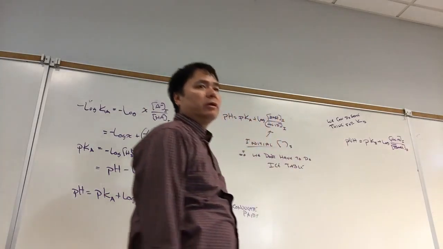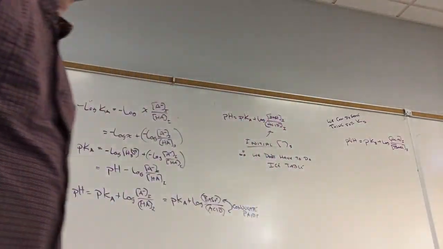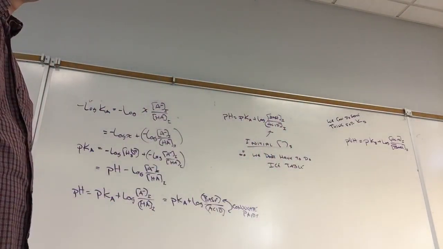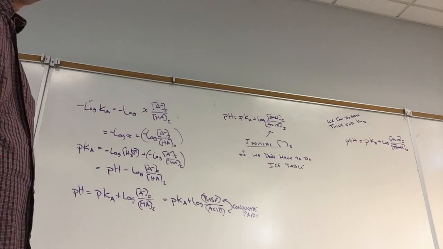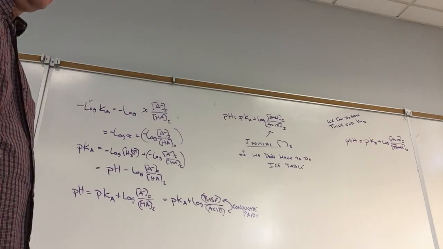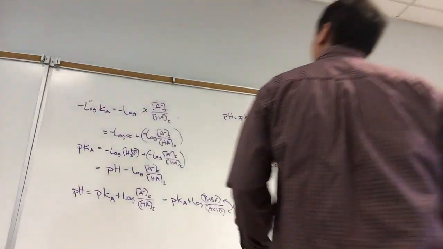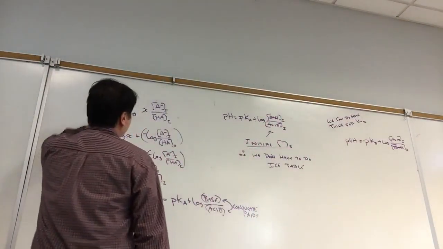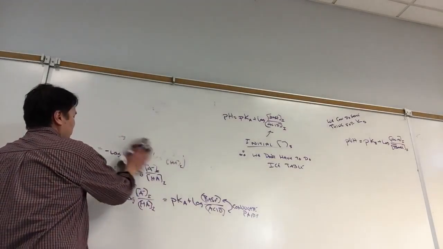And so we do one or the other. That's it. Whenever we have a buffer that has an acid and a base that are conjugates, then we call that a Henderson-Hasselbalch buffer.